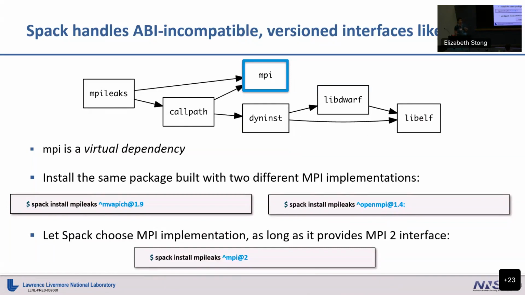Someone might have written their package thinking about using OpenMPI, but we're all here, we probably want to use MVAPICH, and we can swap that in at build time. We also have versions on the interface itself that can restrict which implementations you can use.